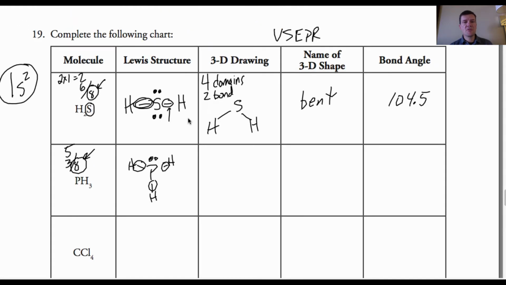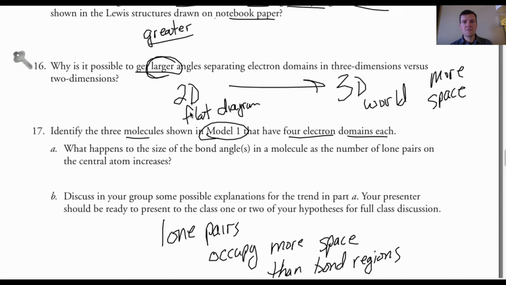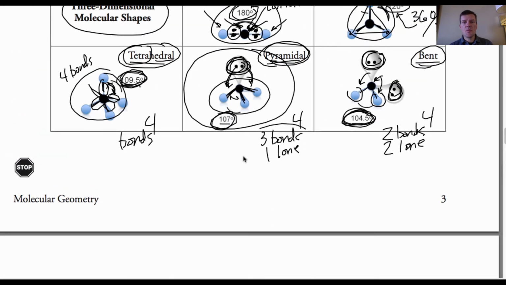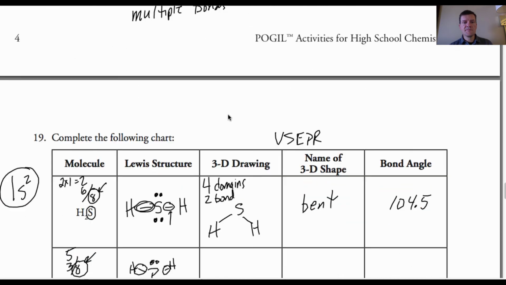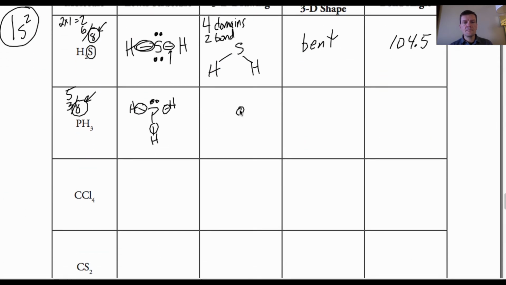I then just refer to my table. 3 bonds, 1 lone pair, pyramidal, looks like this. This is our P with my lone pair, and 107 or something like that.